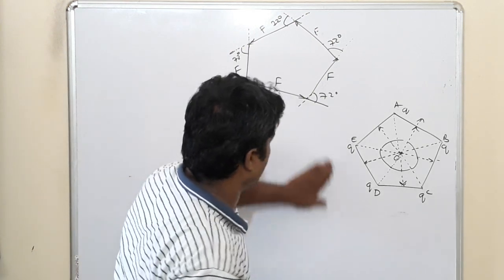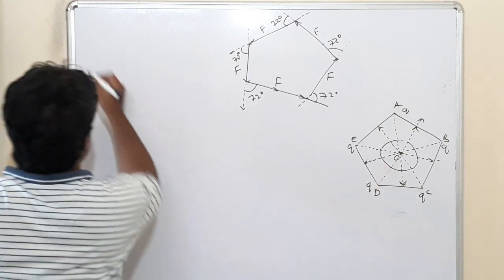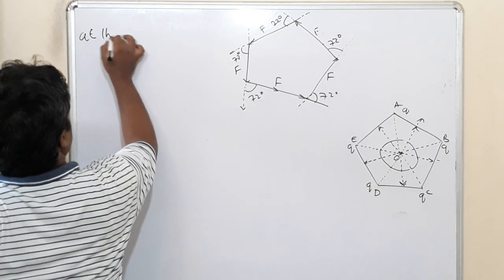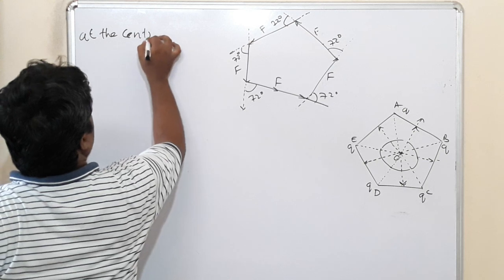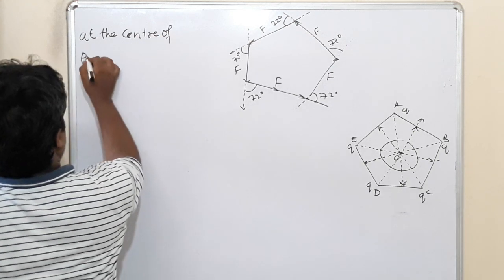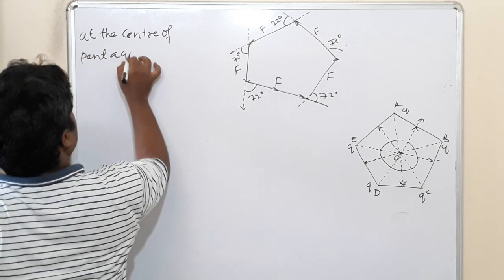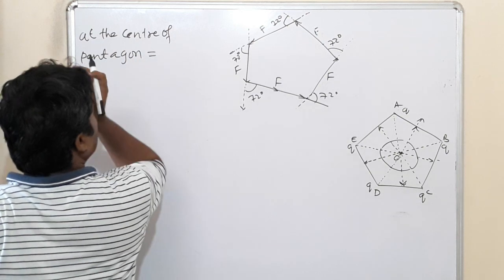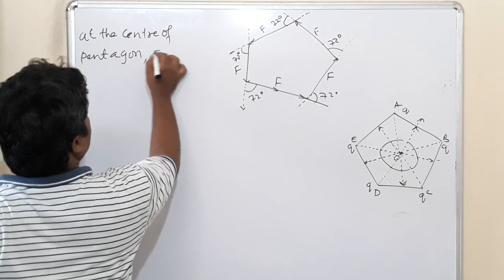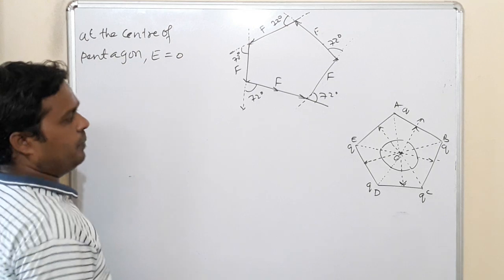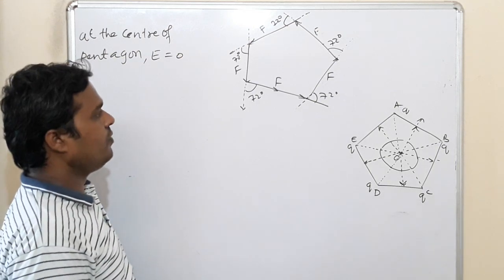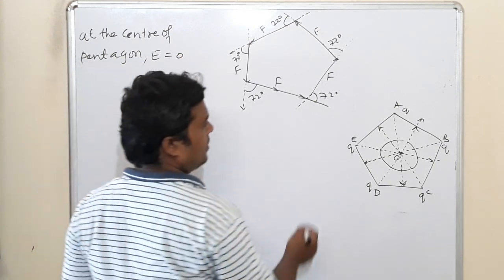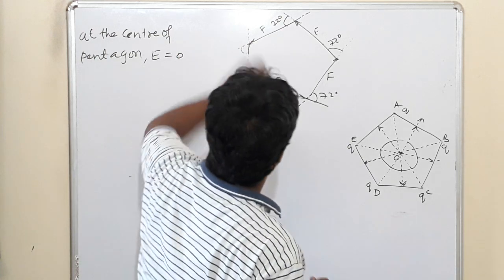Net force is 0, which means at the center the field will be 0. At the center of the pentagon, the electric field will be 0. You understood this? Okay.